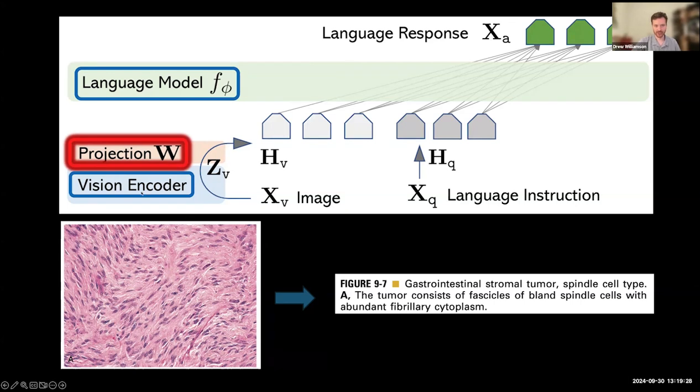Over time, that trains our projector to do a good job of projecting from the image embedding space to the text embedding space. In this part of the training, we're only training the projector module, and we're freezing our pre-trained vision encoder, and we're freezing our language model.